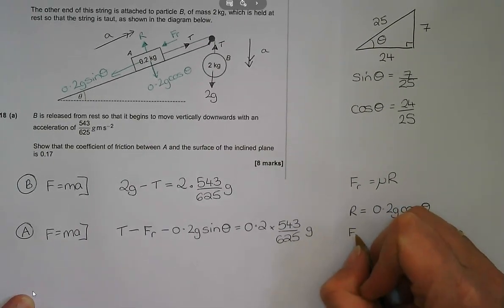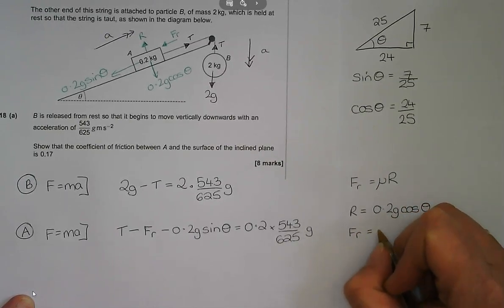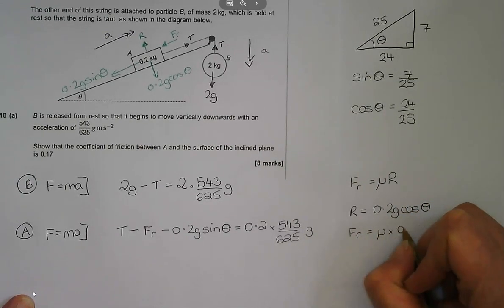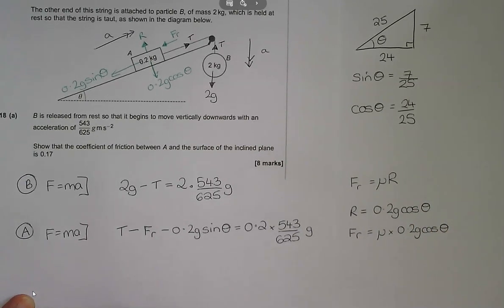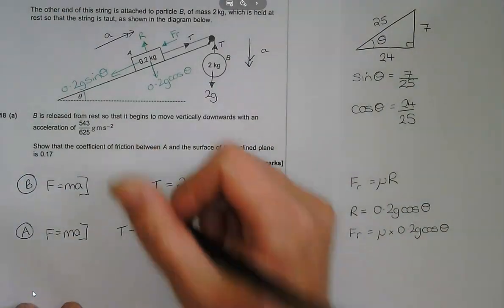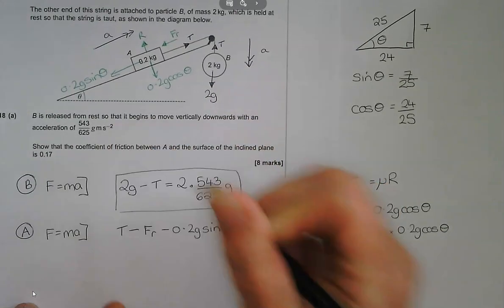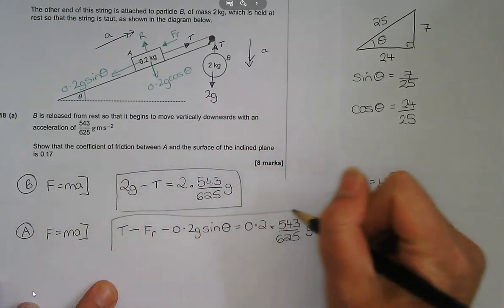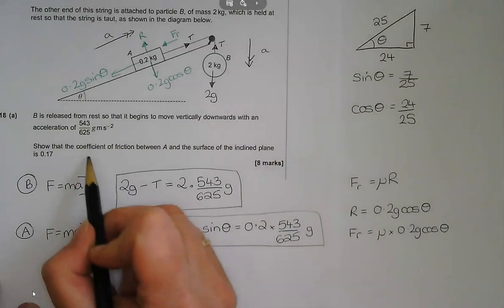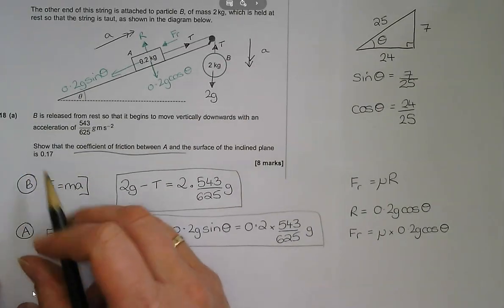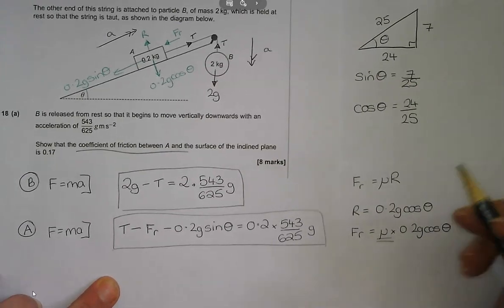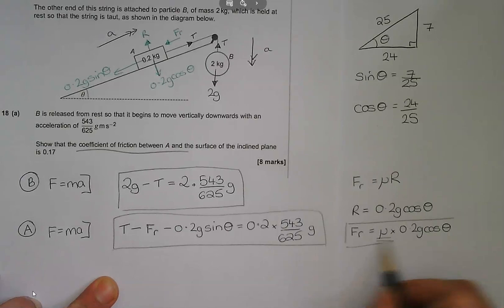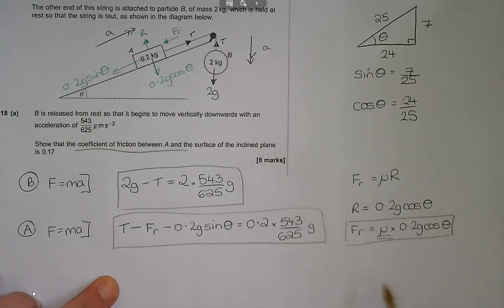So friction is equal to the coefficient of friction, mu, times 0.2g cos theta. Okay, so now we've got three equations. I'm going to use a combination of these to find mu. It's a show that the coefficient of friction is 0.17, so we want to rearrange everything to get it in terms of mu on its own.